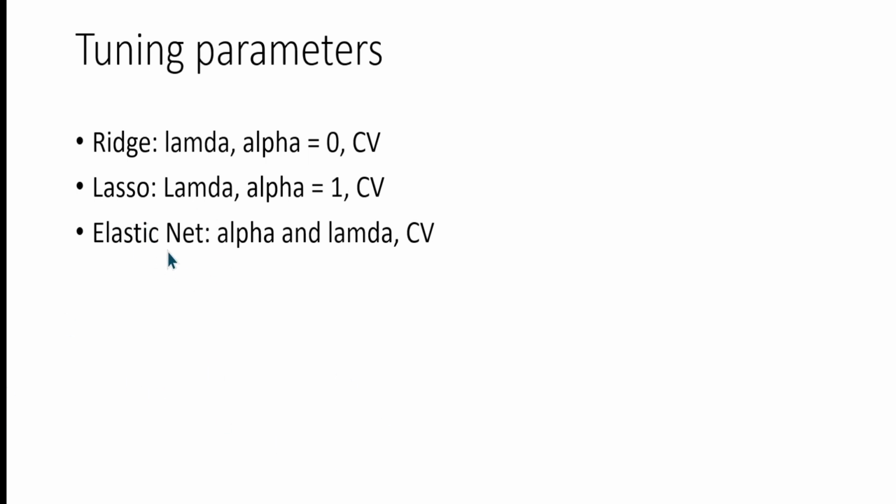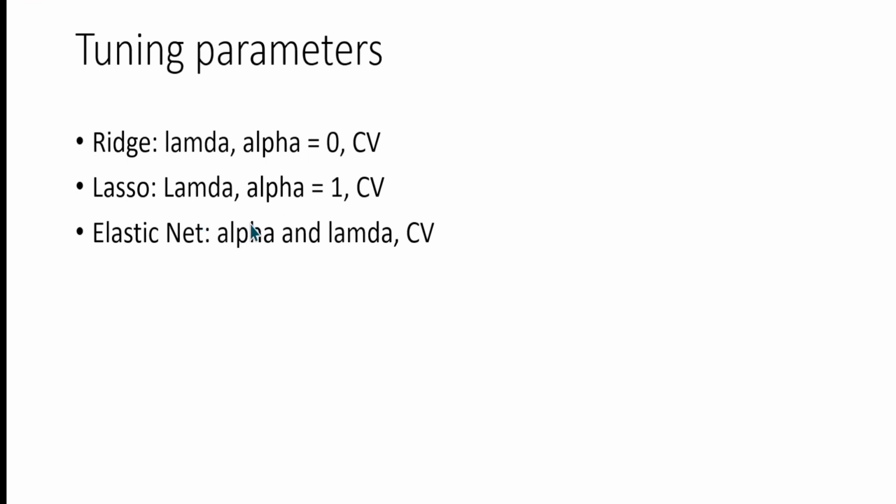The last one is ElasticNet. For ElasticNet, you have the alpha parameter and the lambda parameter. Alpha for ridge is 0, for lasso is 1, so the alpha will be between 0 and 1. So you can set an infinite number of values from 0 to 1, maybe 100 different values, or maybe 600 different values, depending on your machine, and you can tune it.